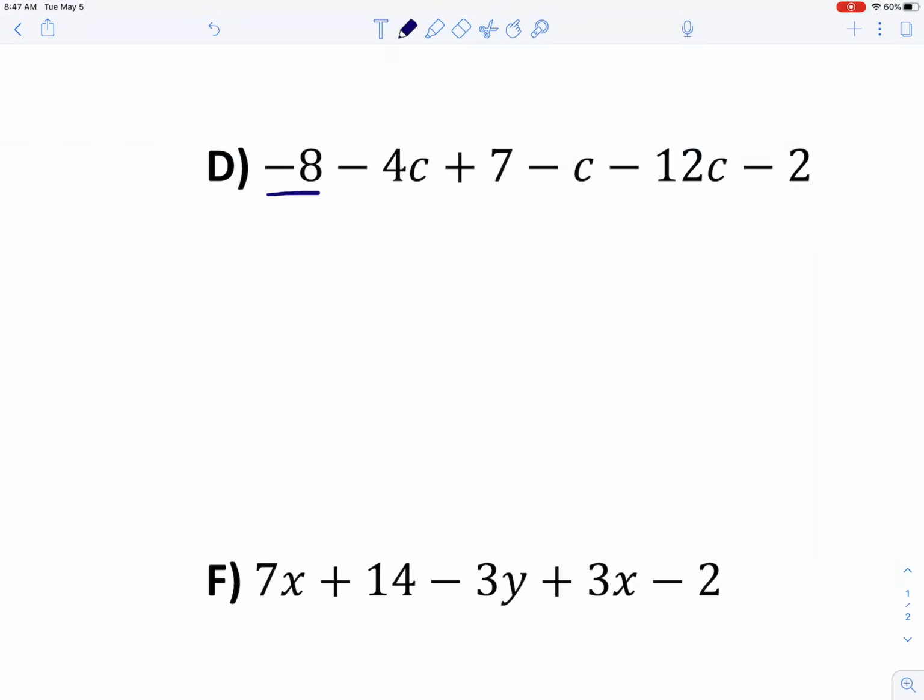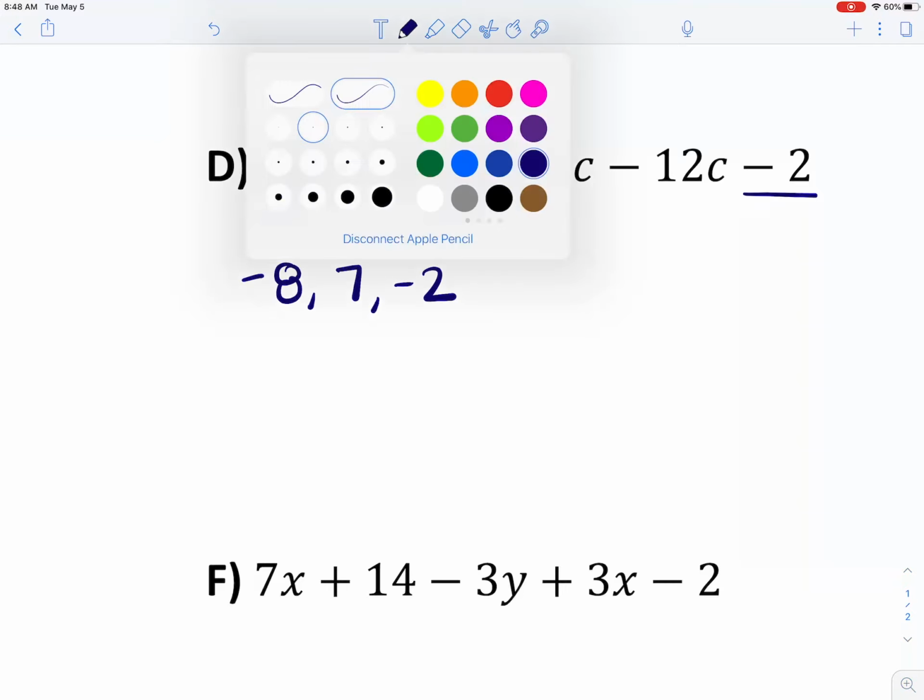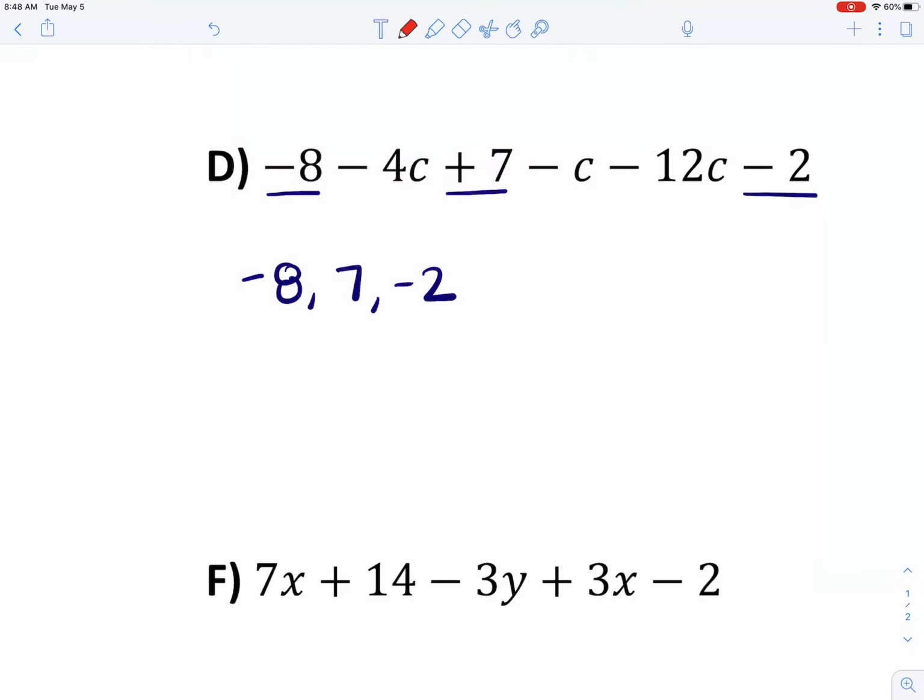All right, moving on to letter D. I'm going to underline the constants, the plain numbers, including the plus or minus that's in front of it. Okay, so we have 3 like terms there. We have negative 8, we have positive 7, and we have negative 2. Those are all like terms.